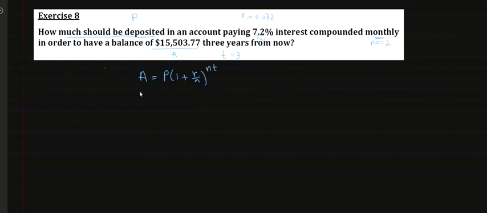And then we have A is given, so I will substitute that value. The P is the unknown, R is well known, all the others should be known. The N is 12 times T, which is 3, and calculating that for P, so P will be equal to that number divided by that amount after you calculate it in the calculator.